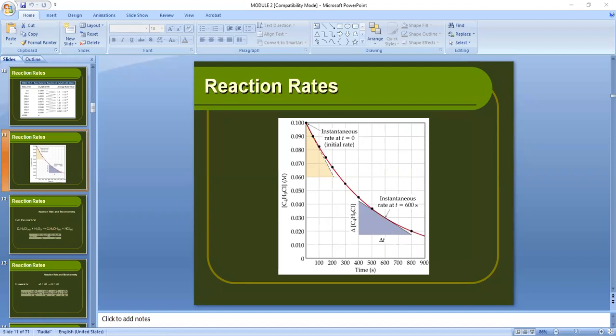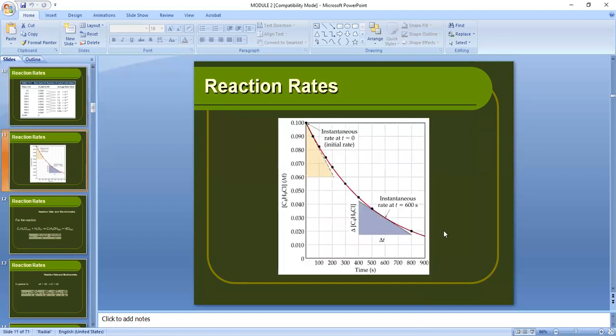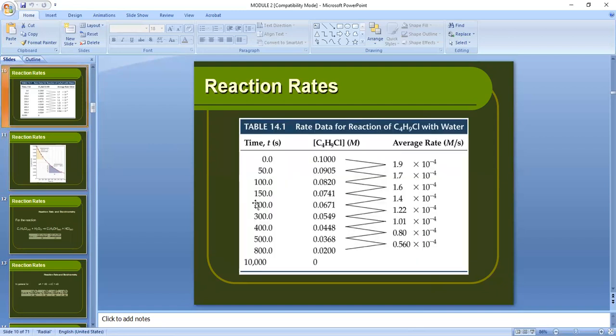So it's different when you get the average rate. In taking the average, you require two pairs of data: a pair of concentrations and a pair of times elapsed when those concentrations were measured.